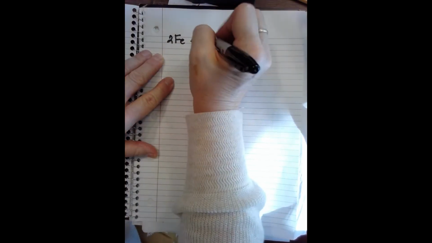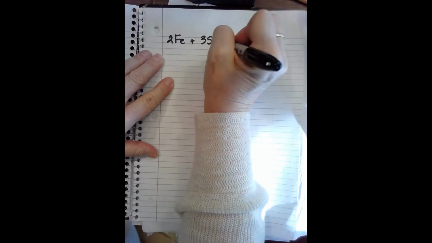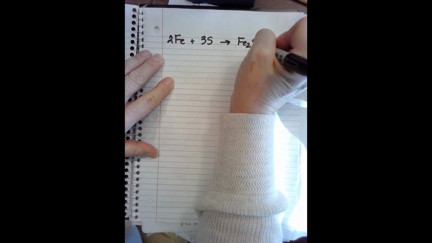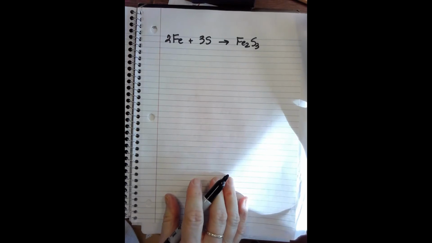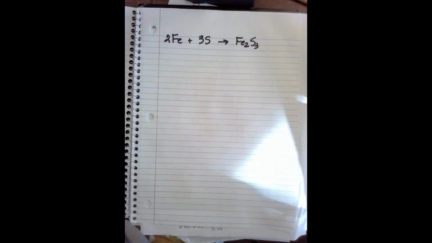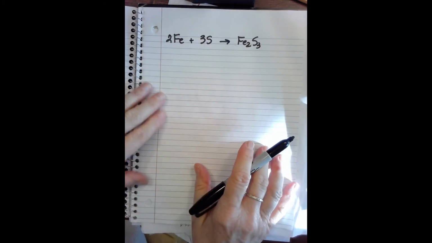So I'm just going to quickly put my balanced equation back up here. 2 Fe, 3 sulfur, and then Fe2S3. You would not need to write that again. That would be there for you. So the next question is, how many grams of excess do we have? All right.